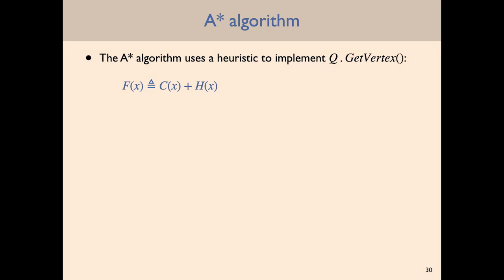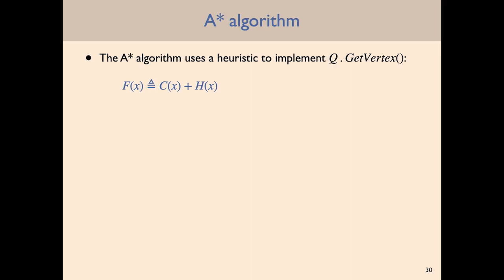And the specific modification we're going to make: for Dijkstra's algorithm, we use C of x, the estimated cost to come to x from A. That's what we used to prioritize vertices to explore. With the A-star algorithm, we're going to use a slightly different quantity, which we're going to denote by f, which is going to be C of x plus an additional term, which we're going to call h of x.